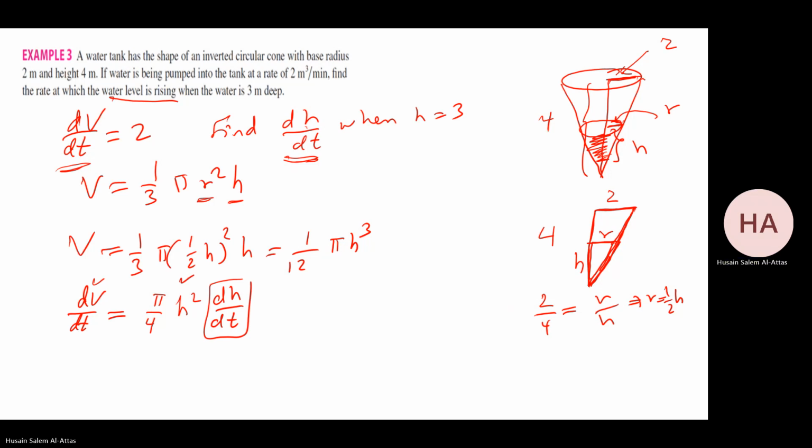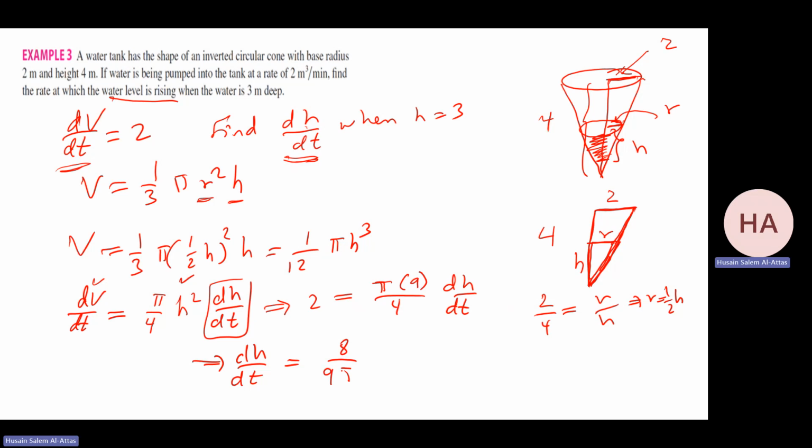That's it. So that means 2 equals π times 3 squared, which is 9π over 4 dh/dt. So dh/dt will be equal to 8 over 9π. 8 over 9π. Okay.